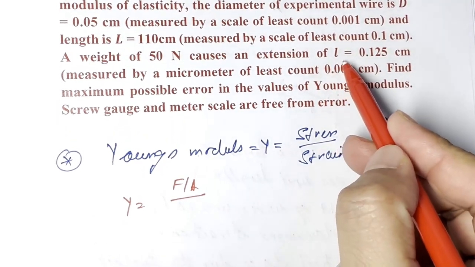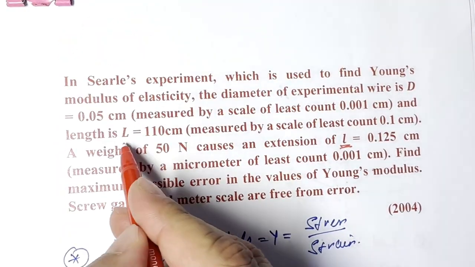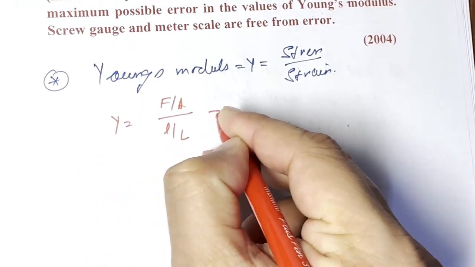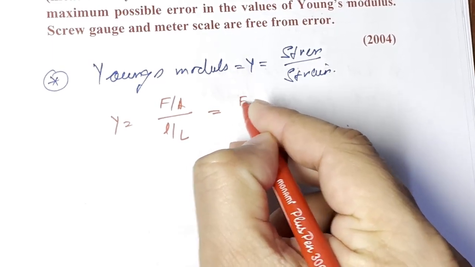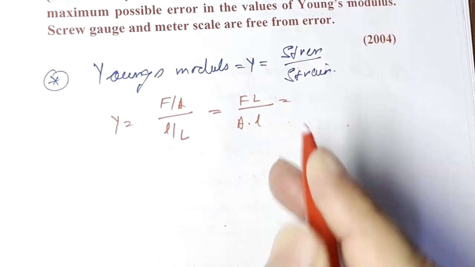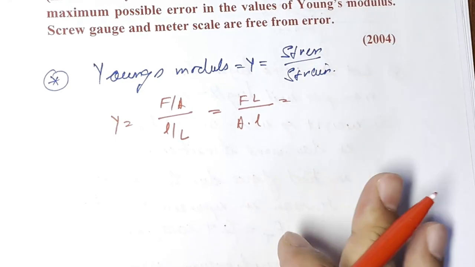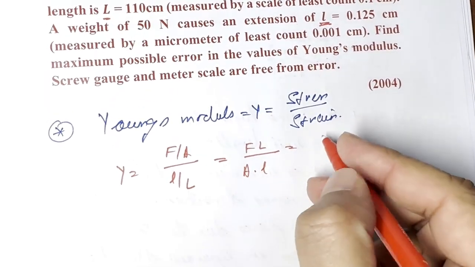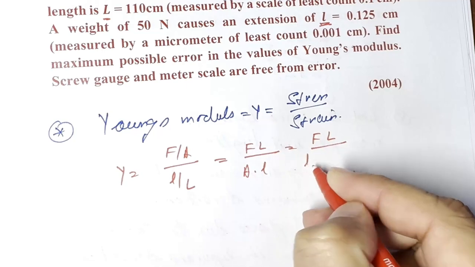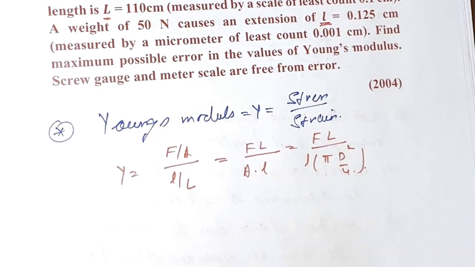Change in length is the extension, which is given as small l, and the original length is capital L. So we can write this as F multiplied by capital L divided by area multiplied by small l. And area in the question is given in the form of diameter, so we reformulate it. We get F multiplied by L divided by small l times pi d square divided by 4.